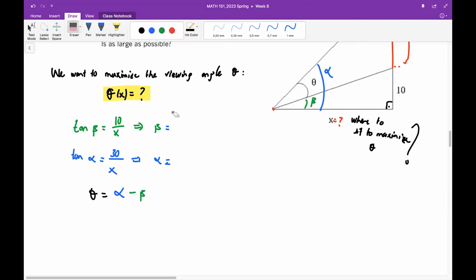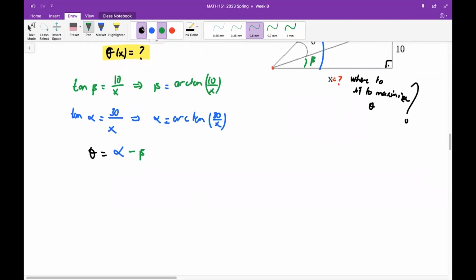I applied arctangent to both sides to get rid of the tangent function on the left. And similarly, alpha is arctangent of 30 over x.